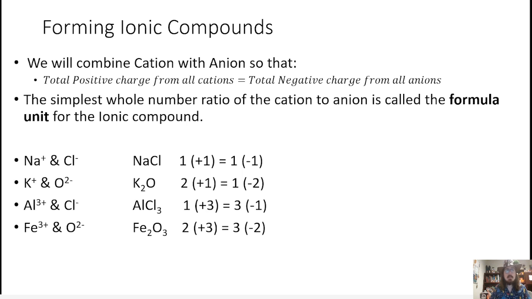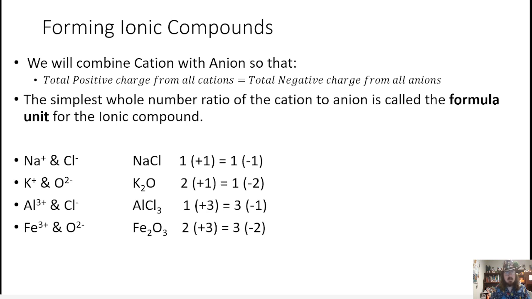The least common multiple between those two, I think, is 6. So the lowest way we can do that is having 6 positive and 6 negative, which means 2 plus 3s and 3 minus 2s.